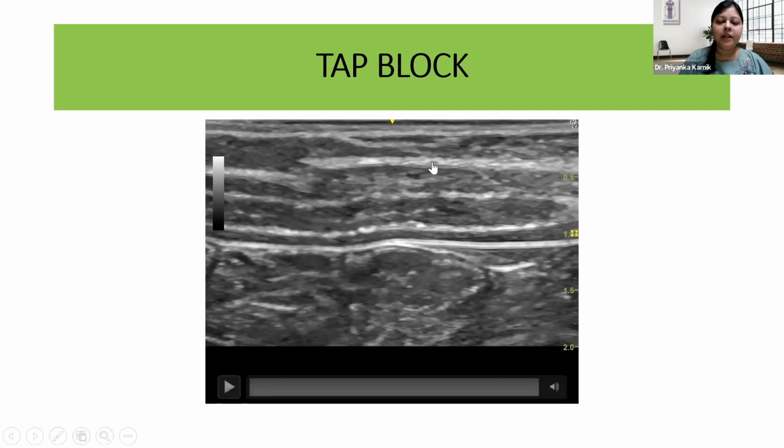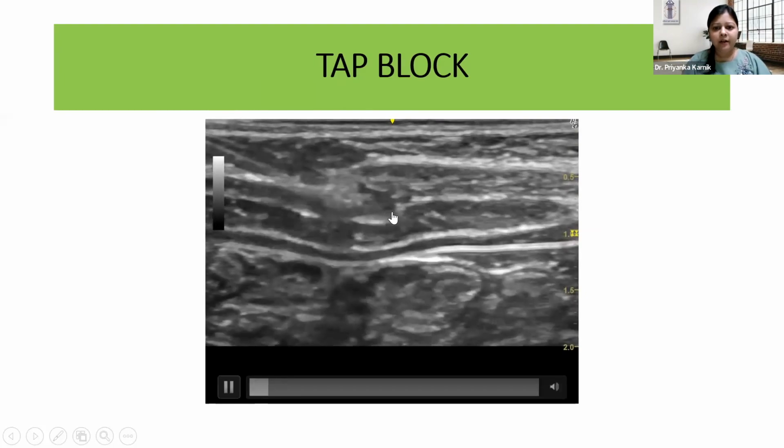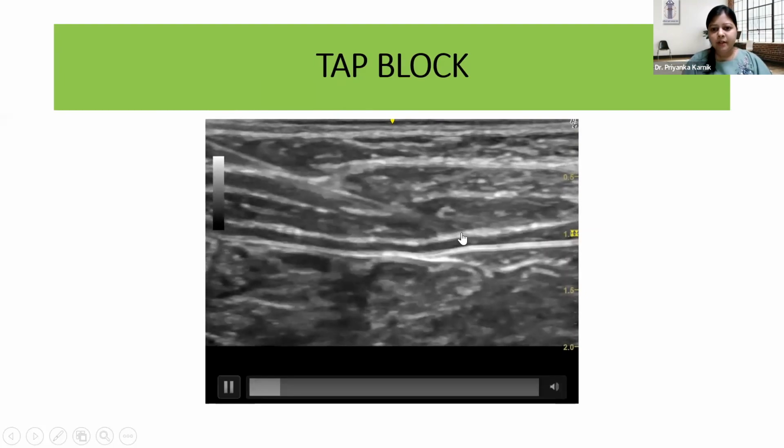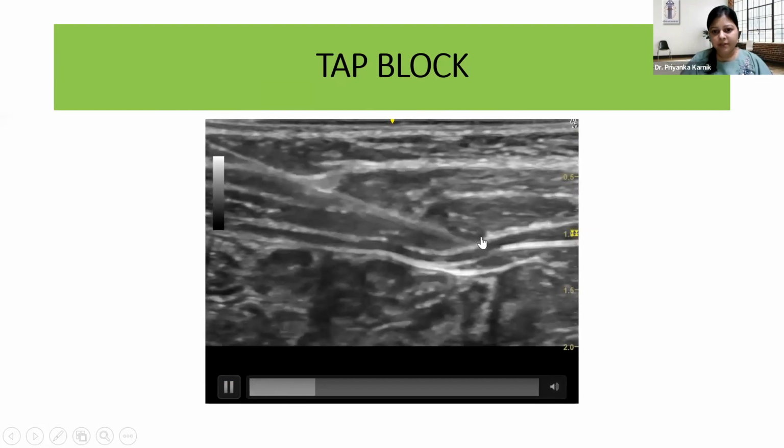So TAP block is basically a block between the internal oblique and the transversus muscle. So you're giving the block between these 2 layers. This is the external oblique, this is the internal oblique, and this is the transversus abdominis. So let us look at this block as well. Here the needle has been inserted, and now it is in between the internal oblique and the transversus abdominis.